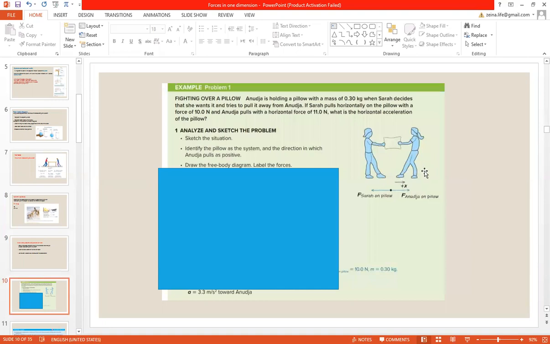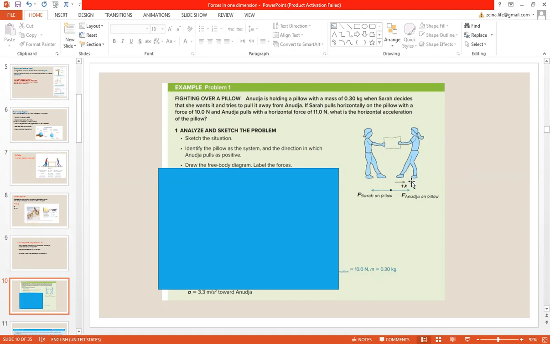using Newton's second law. These two girls, as you can see, are fighting over a pillow. Anuja is holding a pillow of mass 0.30 kilograms, when Sarah decides that she wants it and tries to pull it away from Anuja.